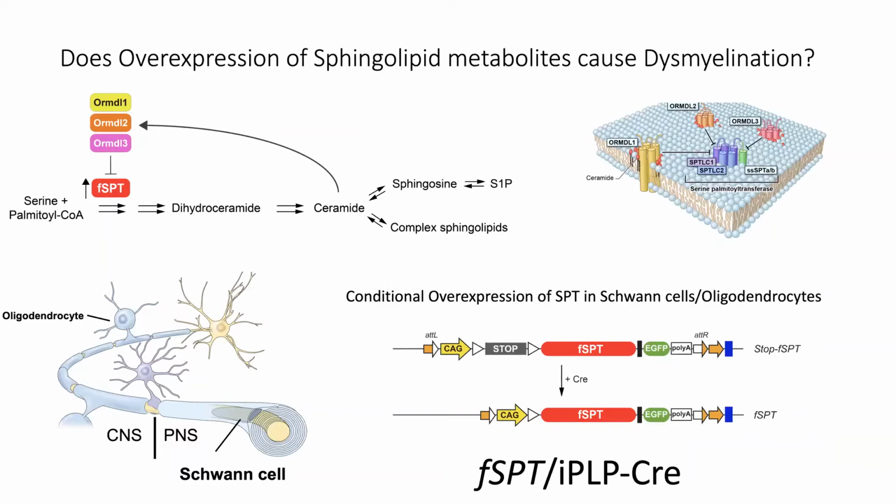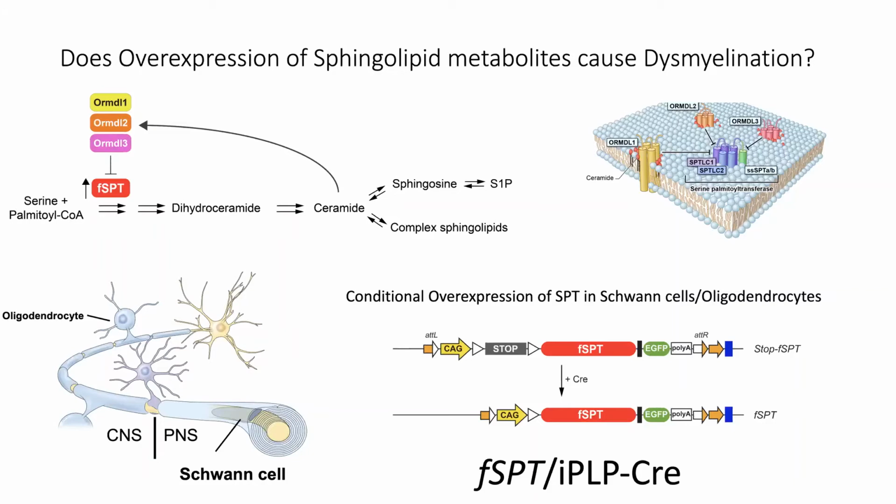So to do this experiment, we used a nice tool that Teresa Dunn developed, in order to overexpress the first step of sphingolipid synthesis, serine palmitoyltransferase. She has been able to devise a single chain fusion enzyme, consisting of SPTLC2 fused to the small subunit, which in turn is fused to SPTLC1, which is active and not under control of the ORMs.